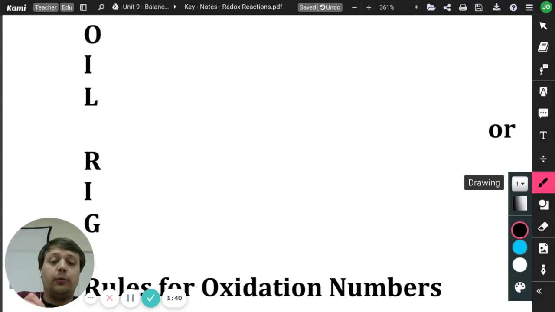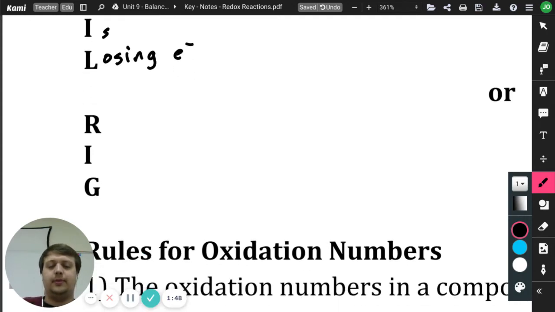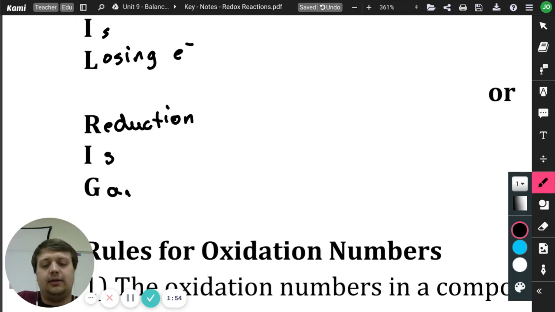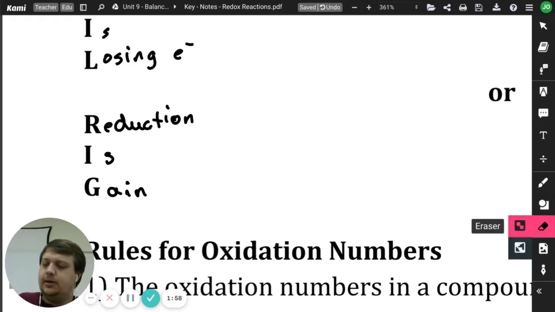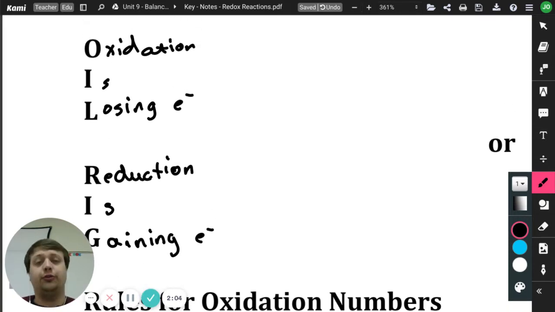So for OIL RIG, we say oxidation is losing electrons and reduction is gaining electrons. Okay, so oxidation is losing electrons, reduction is gaining electrons.